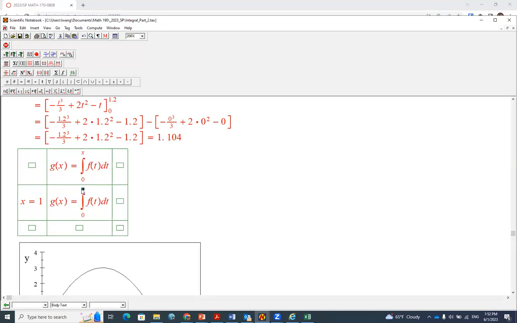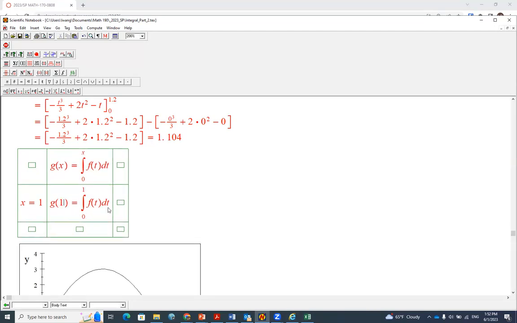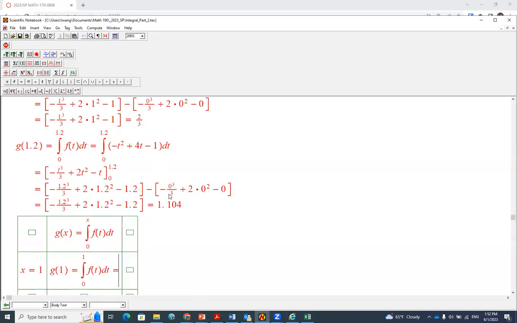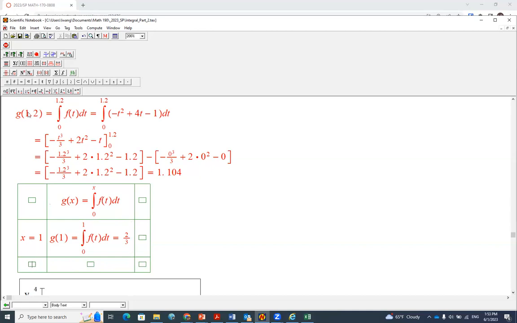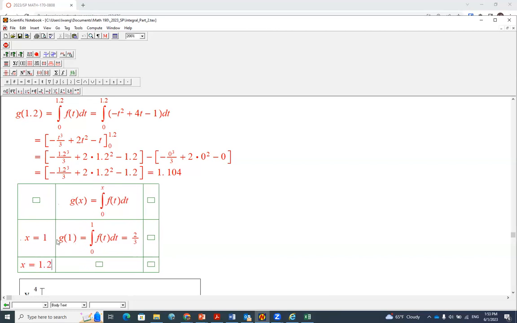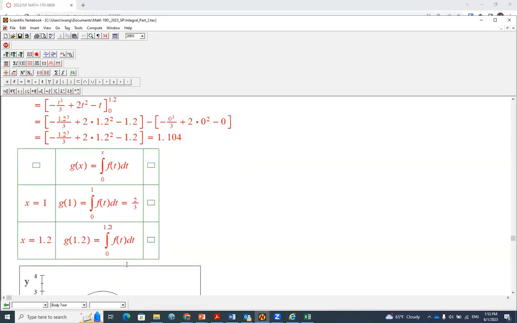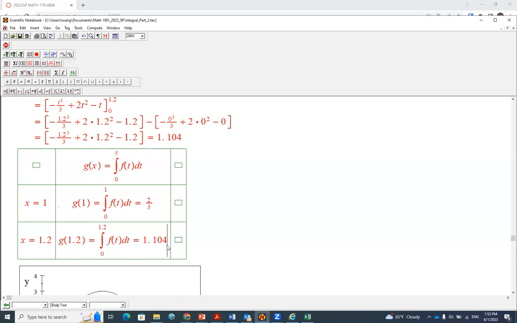That equals a value which is 2/3. For each input, there's an output. For x equals 1.2, we have another G, G of 1.2, and we get another number, which is 1.104. For each input, there's exactly one output.